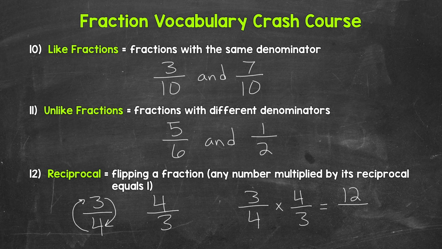And then for the denominators, 4 times 3 is 12. So we end up with 12/12, which is 1. Remember, like we mentioned earlier, whenever we have the same numerator and denominator, that fraction is equal to 1. So for reciprocal, just remember, that means to flip a fraction.